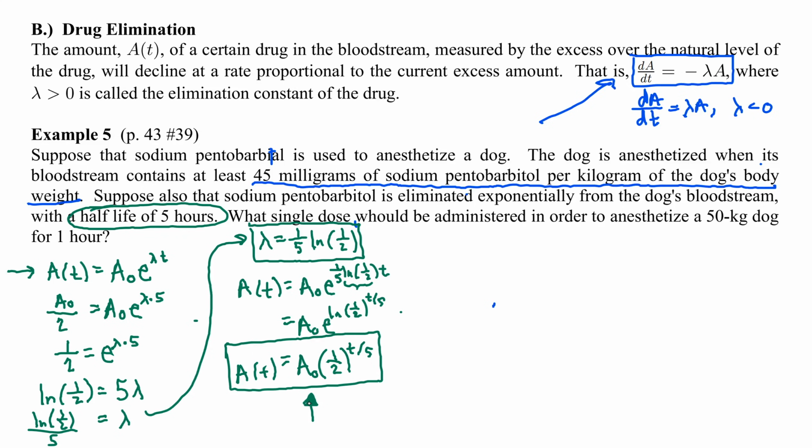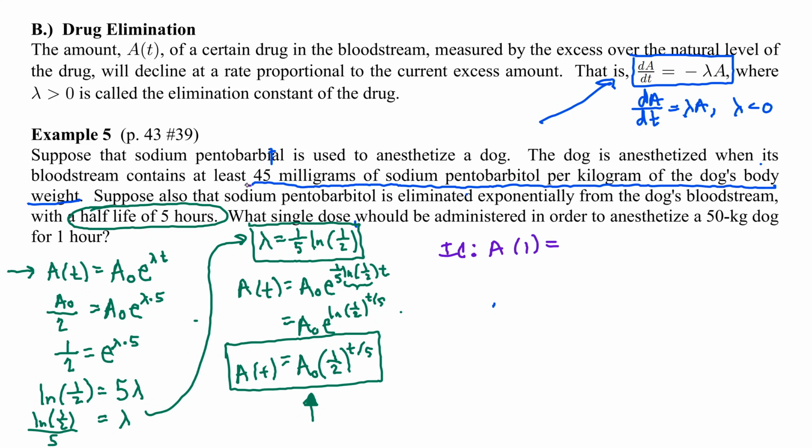Okay, so this is essentially leading us to a condition. We want A of 1 equals, so after 1 hour, not at the beginning of the hour, after 1 hour, the dog must be anesthetized.